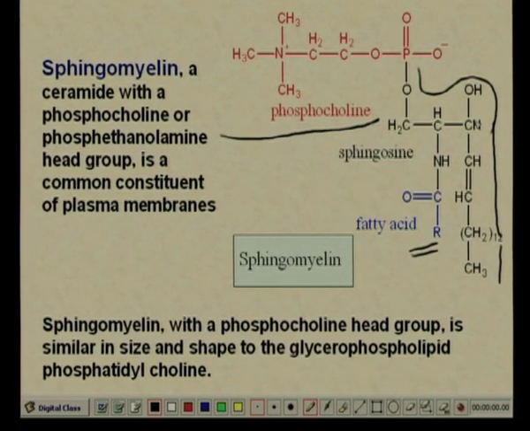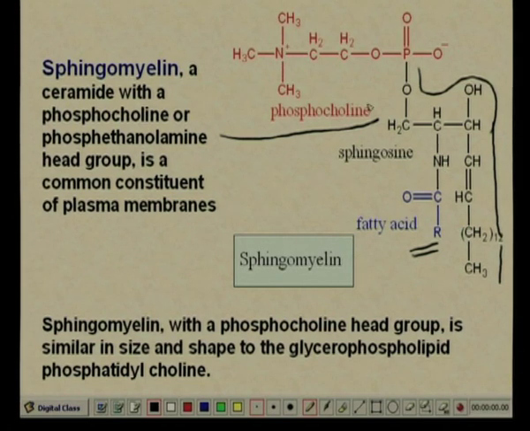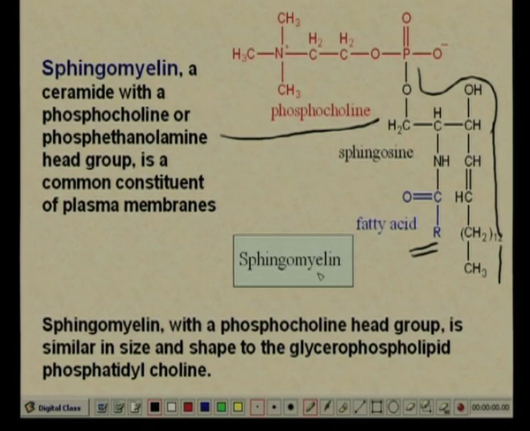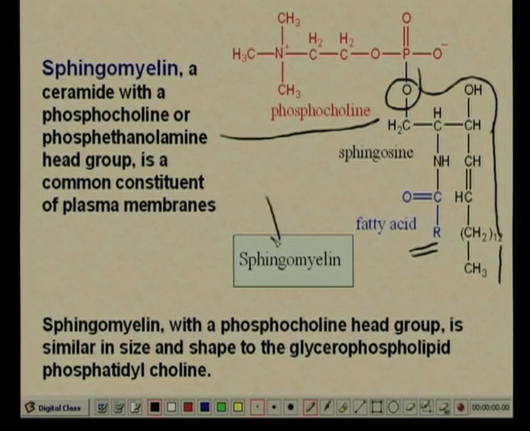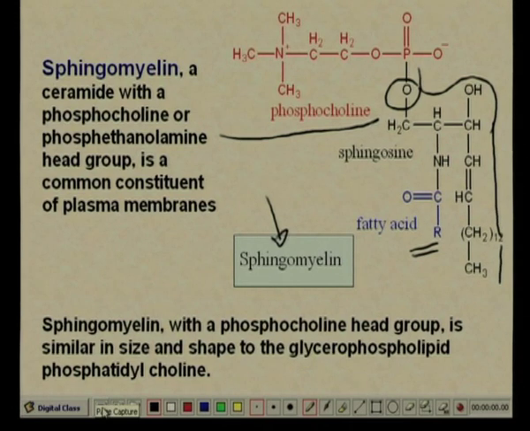So, in the basic structure of the sphingosine, if you have the fatty acid linked to form an amide, it is called a ceramide. When you have phosphocholine forming a head group here, this forms what is called a sphingomyelin. So, this is after the formation of a ceramide. Initially this was an OH, and it is now linked to phosphocholine to form a sphingomyelin. Okay. So, that is basically it.